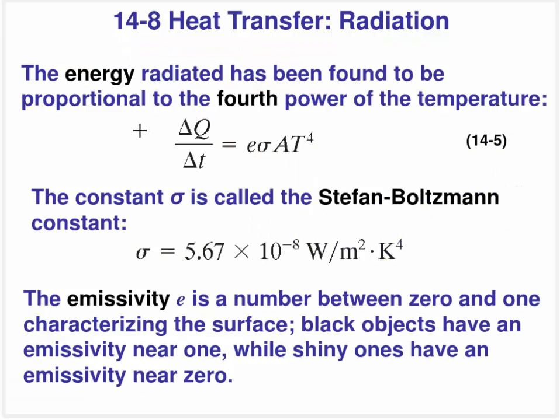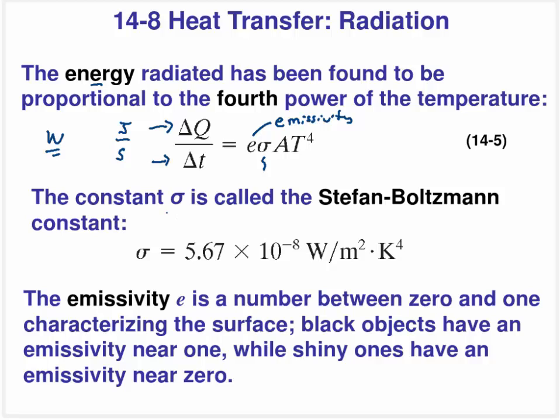Now, of course, I have to take the beauty out of it and put equations to this. How much energy is going to be radiated? Well, this is going to be, again, some energy per unit time, so a joule per second, or how many watts of power we're talking about, and it is related to this side of the equation right here, where this little e is going to be the emissivity.